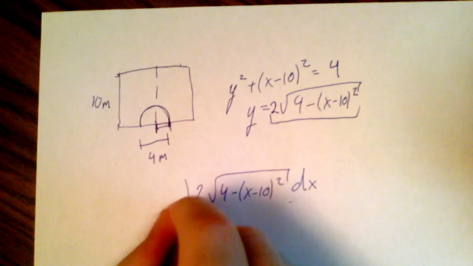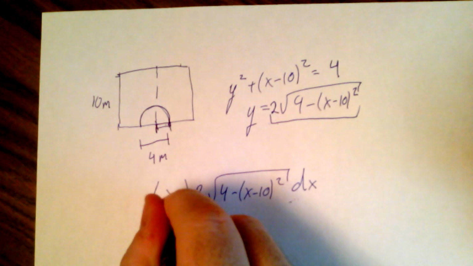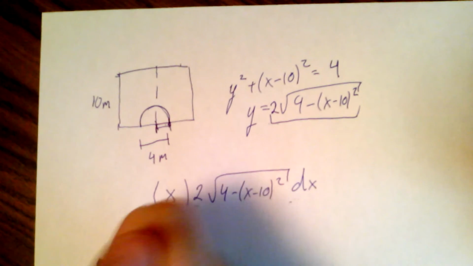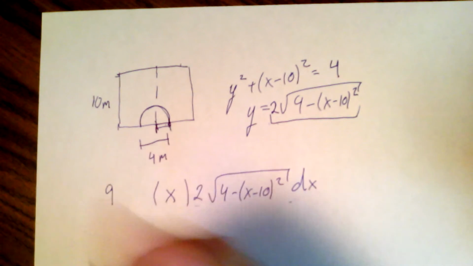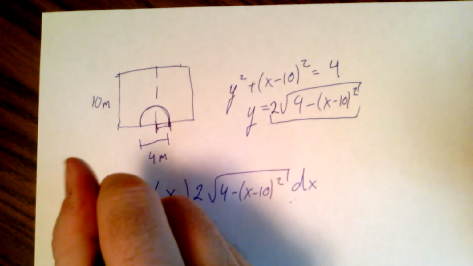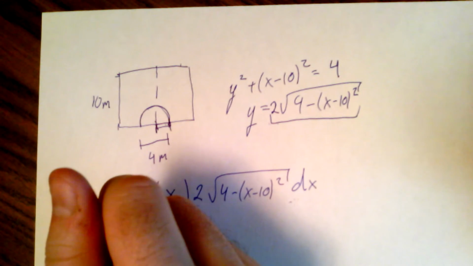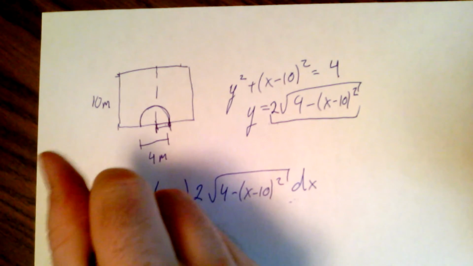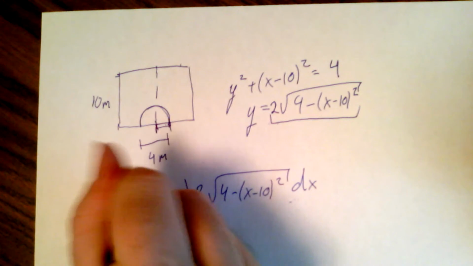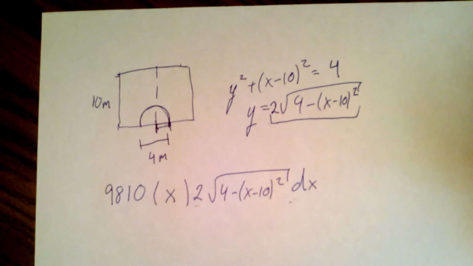We multiply that by the depth, which is just x, and we multiply that by the weight density of water, which is going to be 9.81 times 1,000. 9.81 is gravity, and 1,000 is the density, so we'll just multiply that out to begin with. We get 9,810 newtons per cubic meter.